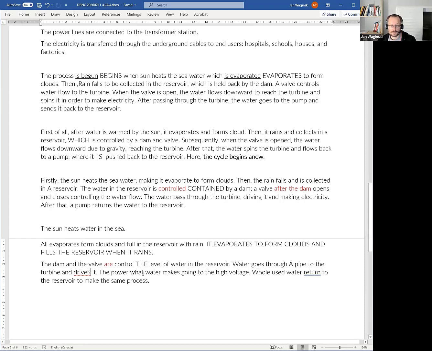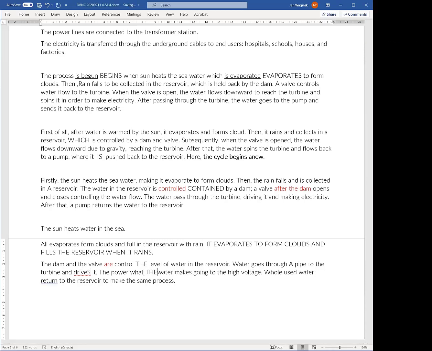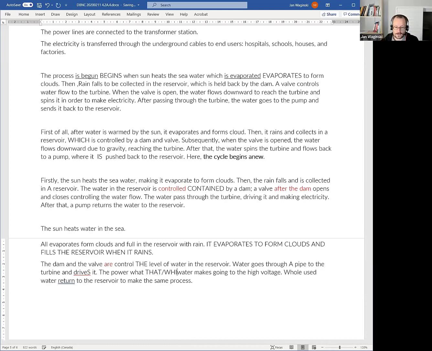Okay. The power that water makes goes to the high voltage. That or which, both are okay here. The power that water makes. What should the verb be here? It should be present simple.